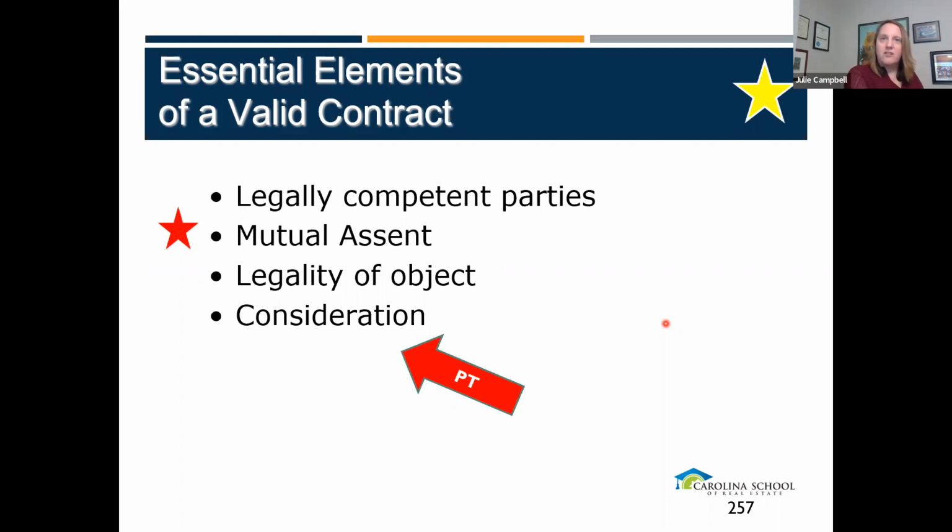The judge is going to look at the adult and say, why in the world did you enter into a contract with a minor? You should have known better. You're an adult. The minor is the one that can make the contract voidable. If somebody was drunk when they entered into the contract, they can make it voidable. A valid contract can become voidable.